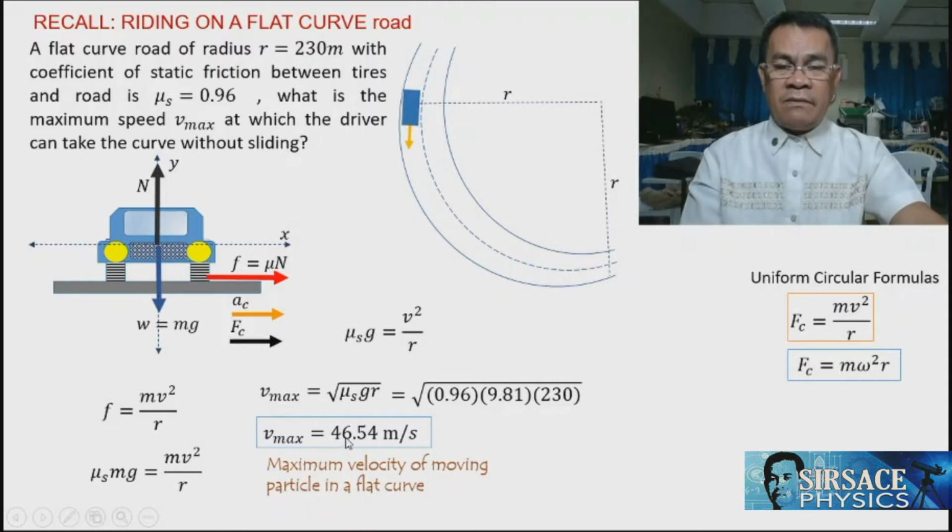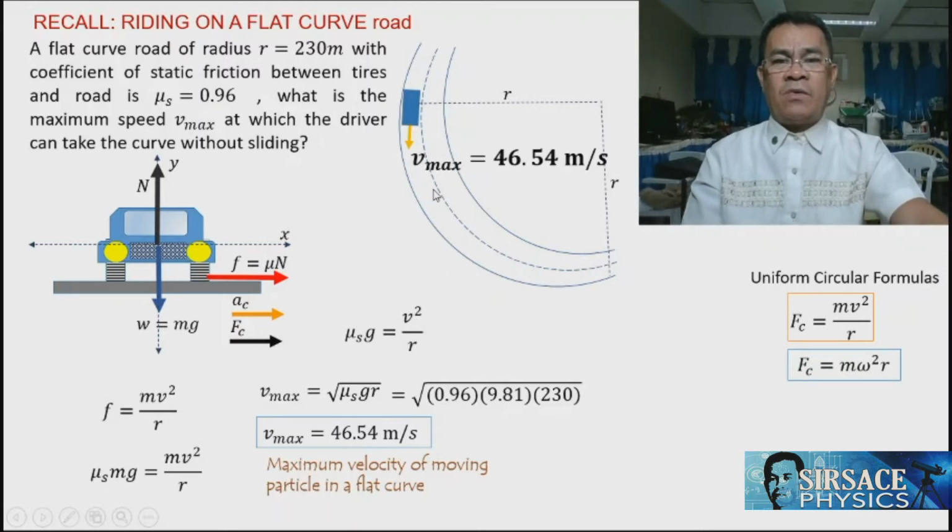Okay? If you travel at this value exactly, then you are traveling at the maximum required speed. Below is a safe velocity. Okay? So, the question now is, if this is the maximum velocity required for a car to make the turn without sliding, what will happen if you want to move through this curve with a higher velocity?